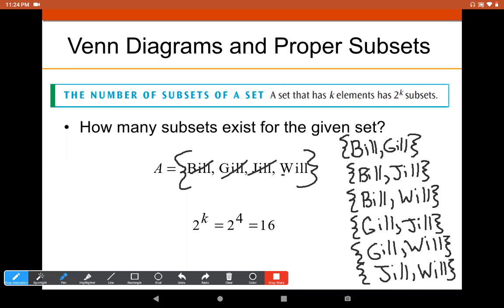And you'll see that Bill's name comes up in 3 groups. Jill's name comes up in 3 groups. Gil's name comes up in 3 groups, and Will's name comes up in 3 groups. We have a total of 6 subsets of size 2. So there are 16 total subsets. There's 6 subsets with 2 elements.